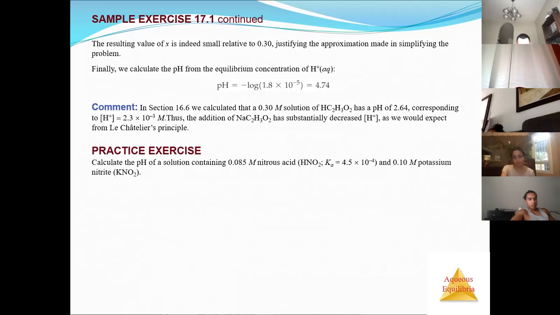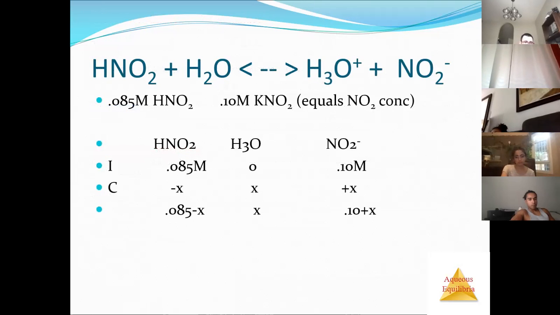What is the pH when we add 0.085 molar nitrous acid with 0.10 molar potassium nitrite? I'm starting off with my nitrous acid concentration and my NO2 minus concentration.